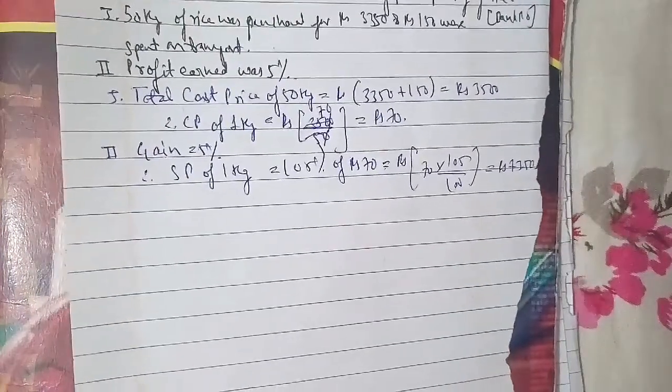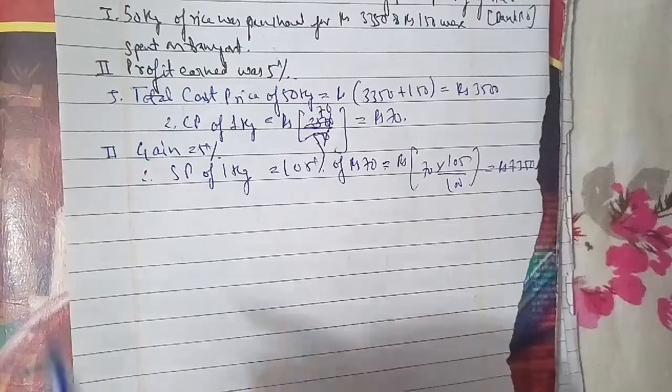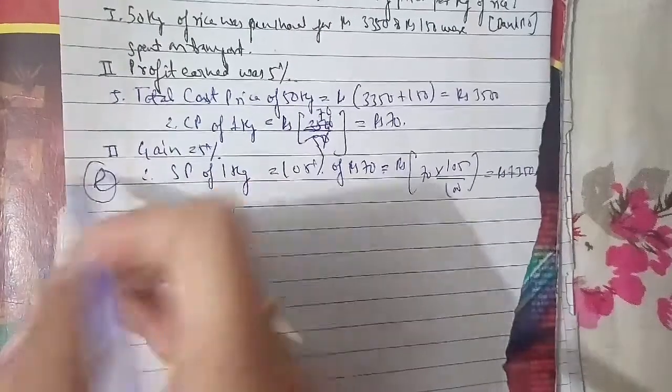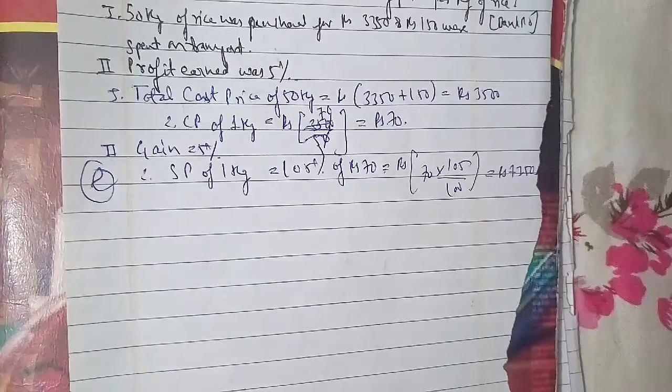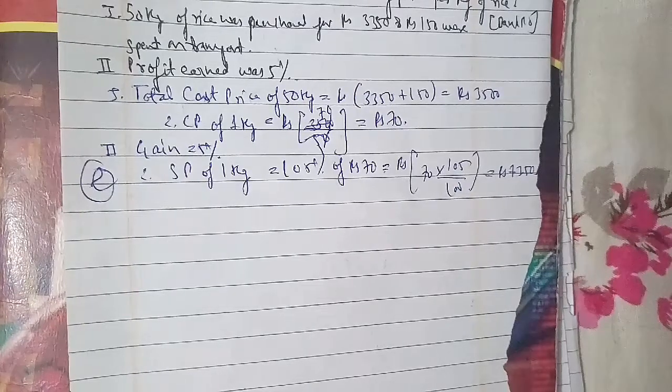So both 1 and 2 are needed to get the answer, and the correct answer for this is option E. Both statements will be required. Now we go ahead to the next one, another important one, which is the 198th question of the session, and that is what we'll discuss here.